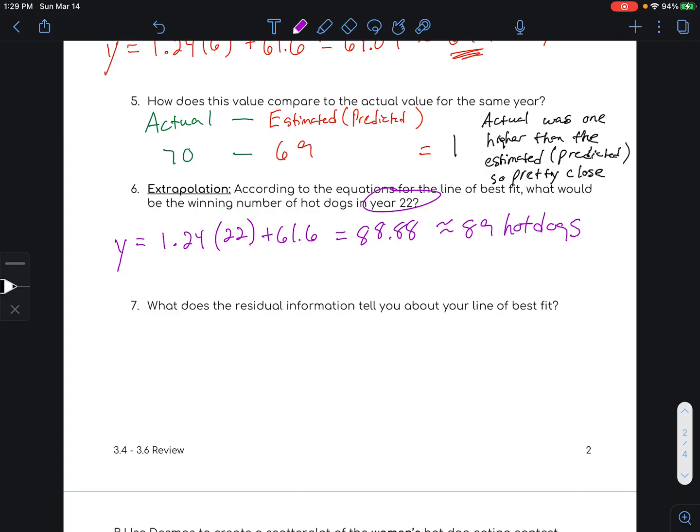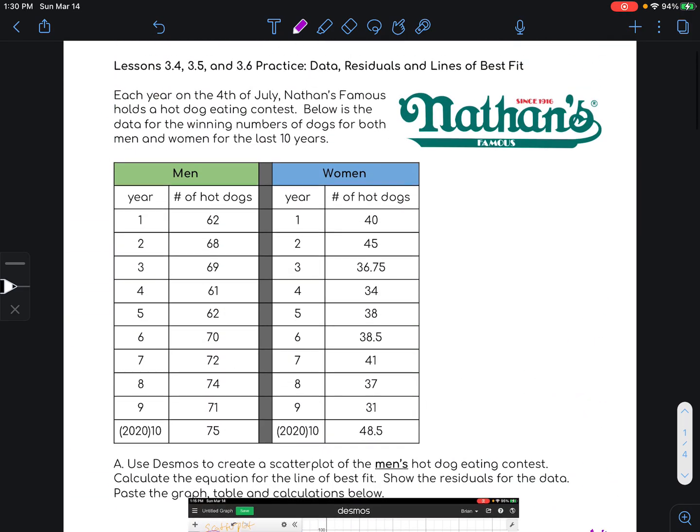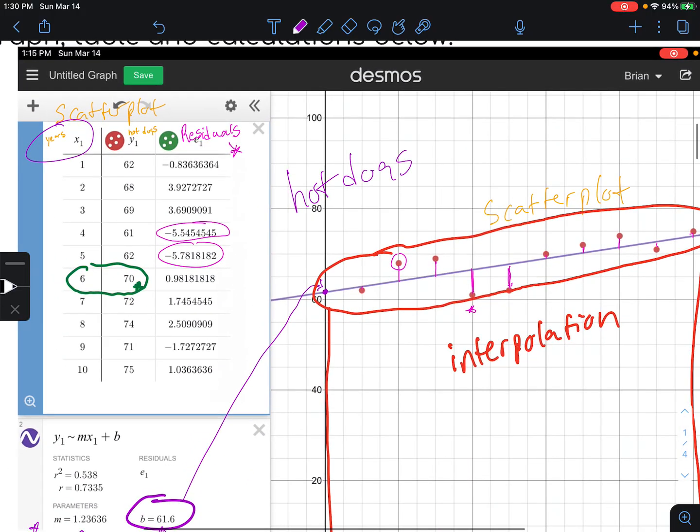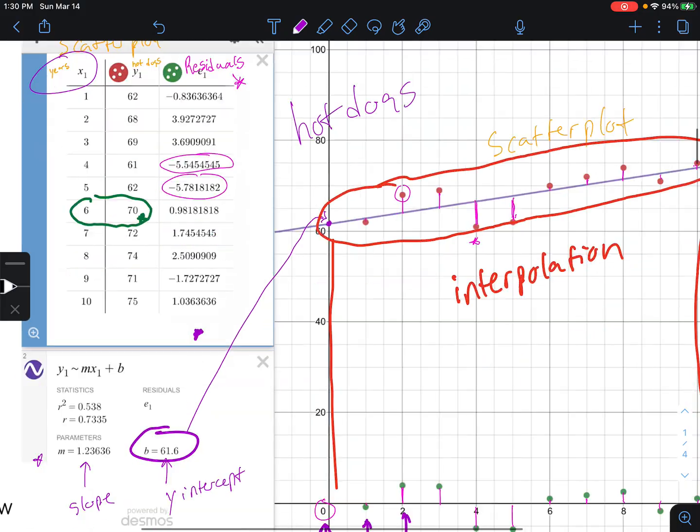What does the residual information tell you about your line of best fit? Okay, so the residuals, remember, are really going to tell us how close. So we look back at these residual numbers. They really tell us how close the actual data is to the prediction.